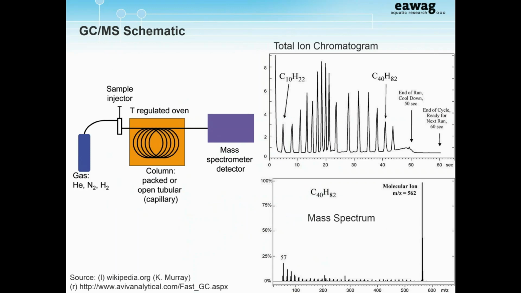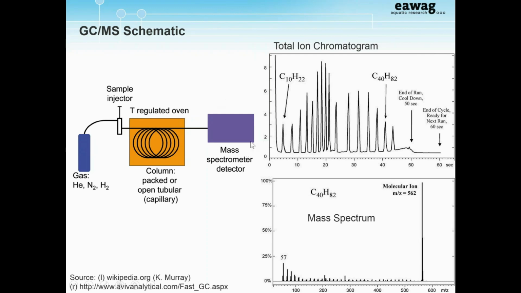To give you a brief schematic of how gas chromatography works, liquid chromatography works on a reasonably similar scheme, just with a liquid carrier rather than gas. Here you have your carrier gas taking your sample into the column. This column then separates your sample according to different properties, and you can see this at the top with your total ion chromatogram. You're getting your molecules separated out over time.